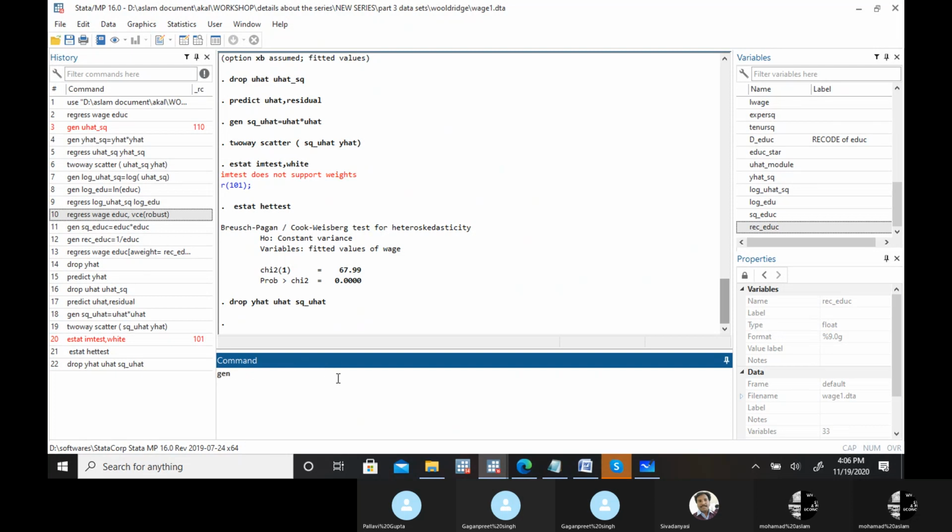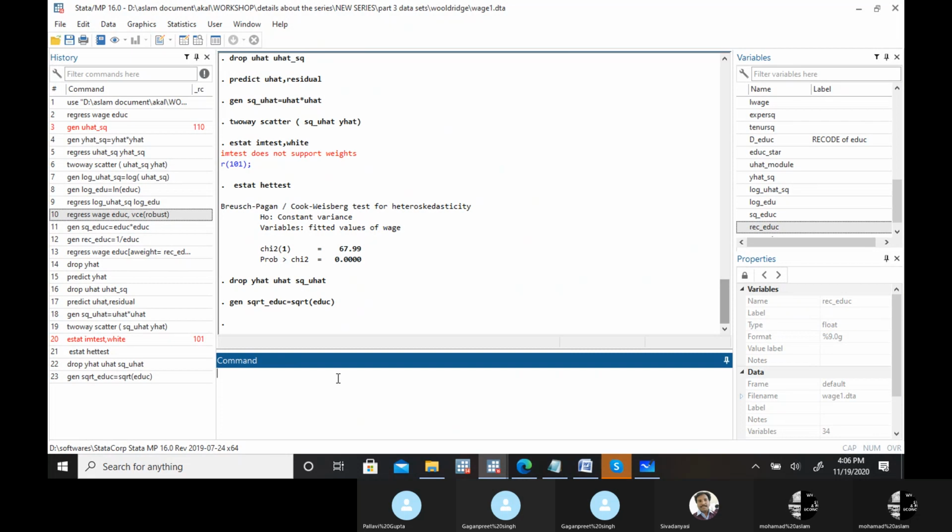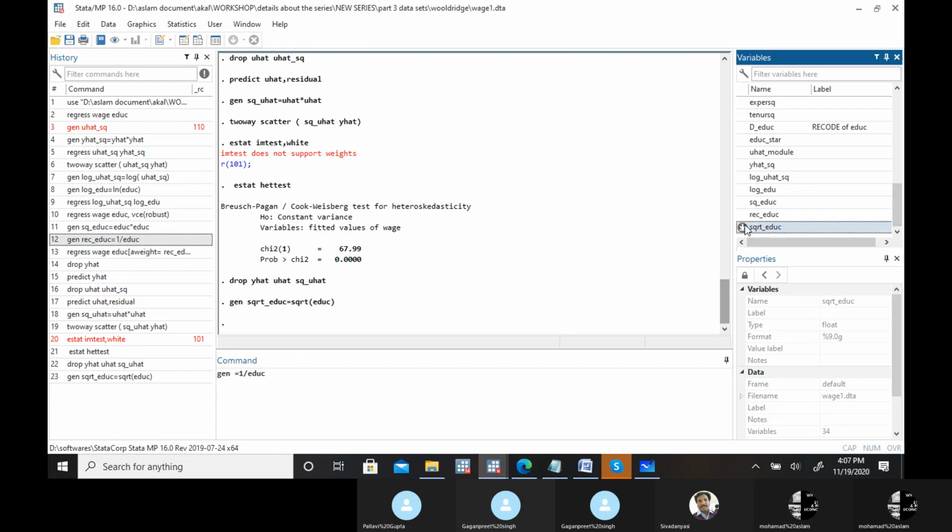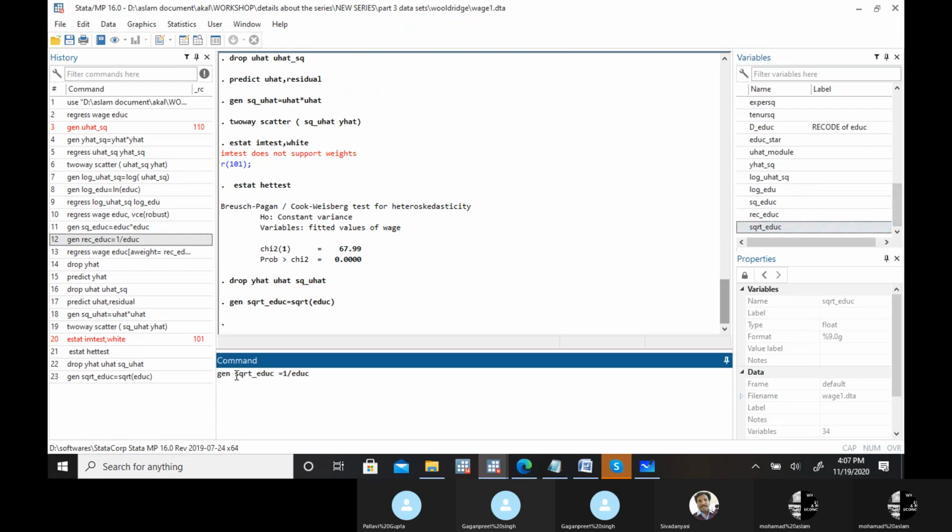Generate square root of education, equal to the square root of education. Then we have to take a reciprocal of it. That is, generate square root reciprocal.